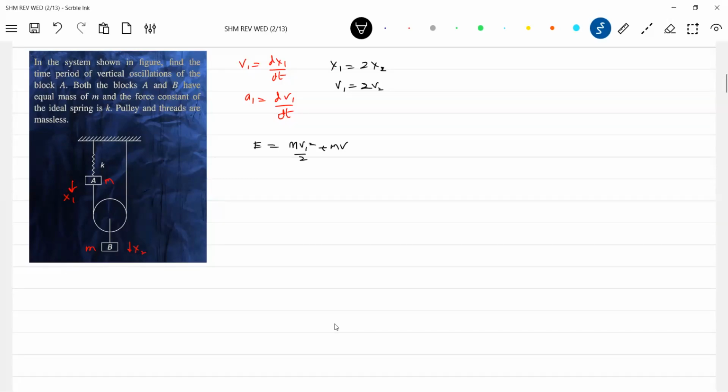Kinetic energy of the blocks. How much block A moves, that much the spring will elongate. V1 equal to 2V2. In fact, V2 I should replace, no?